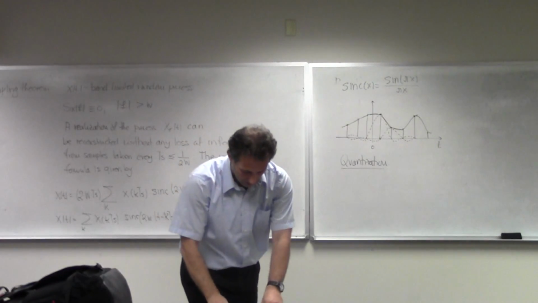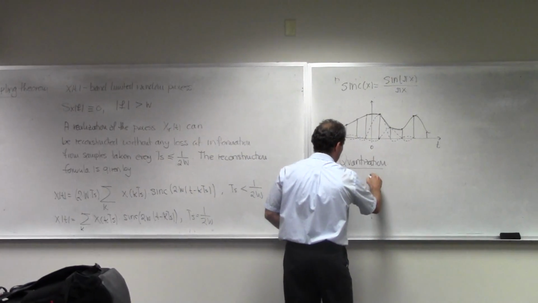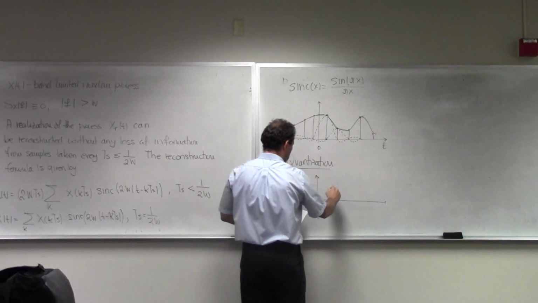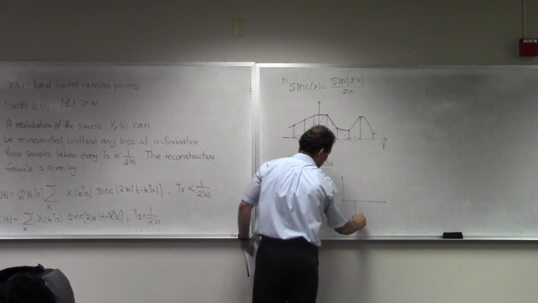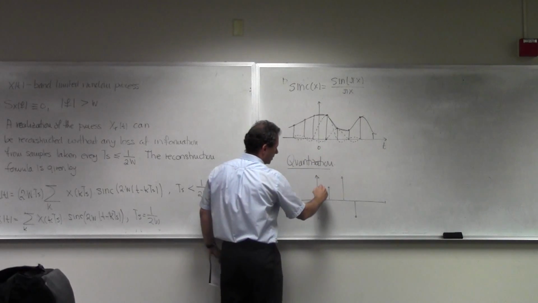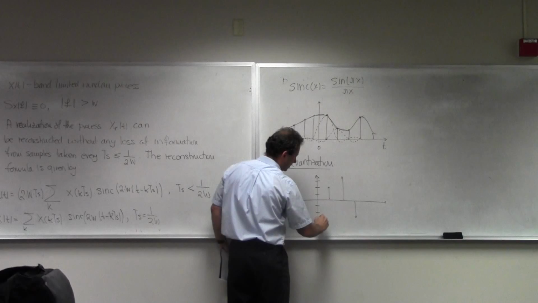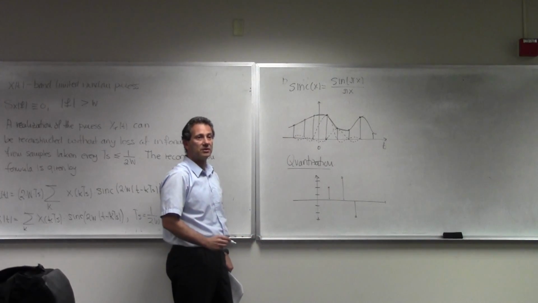Let me just draw this. So here's how this works. You're going to have all of your samples here. There can be continuous values, but along the y-axis, you're going to say, okay, I'm not going to represent this with infinite precision.